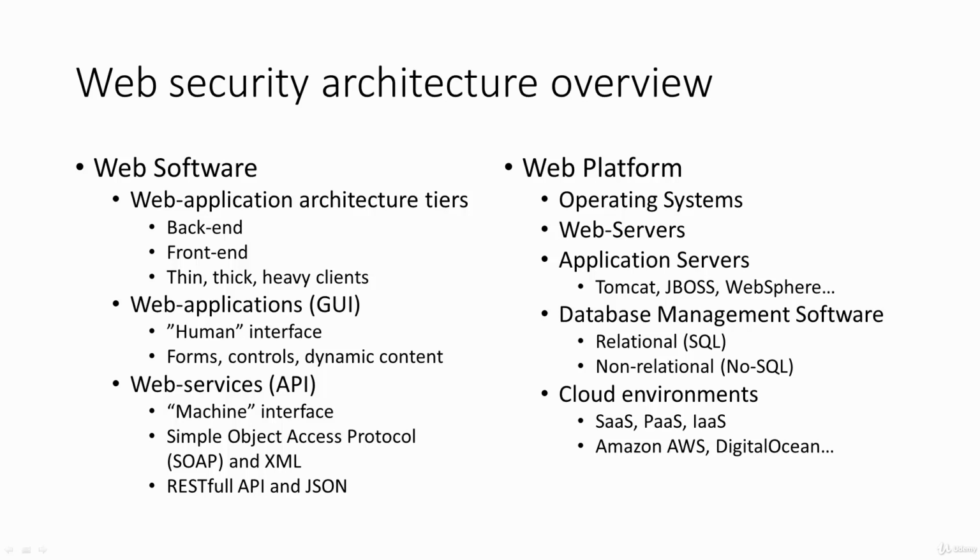So what we have on the software level, the application level, are several different types of web application architecture tiers, the so-called tiers, that can be distributed between physical or virtual hosts, or can be contained within one operating system or cluster.